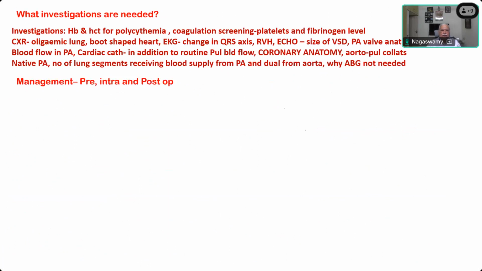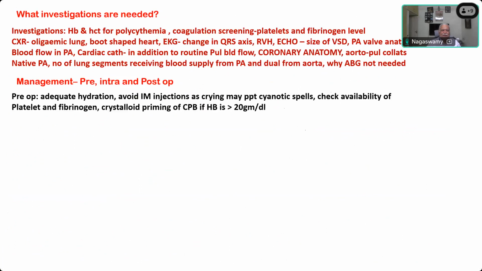Okay. And what is the management, pre-op and post-op? How is this correction done? Is it by open heart surgery with cardiopulmonary bypass, or by beating heart? It is done by open heart surgery.